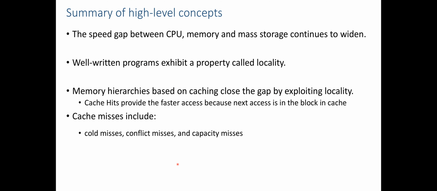Okay, so now to summarize all of this, last time I talked about this speed gap between how fast our CPU can operate and how much slower it is to access memory and then mass storage after that. And that gap is still sort of widening because of the effective speed of our CPUs.